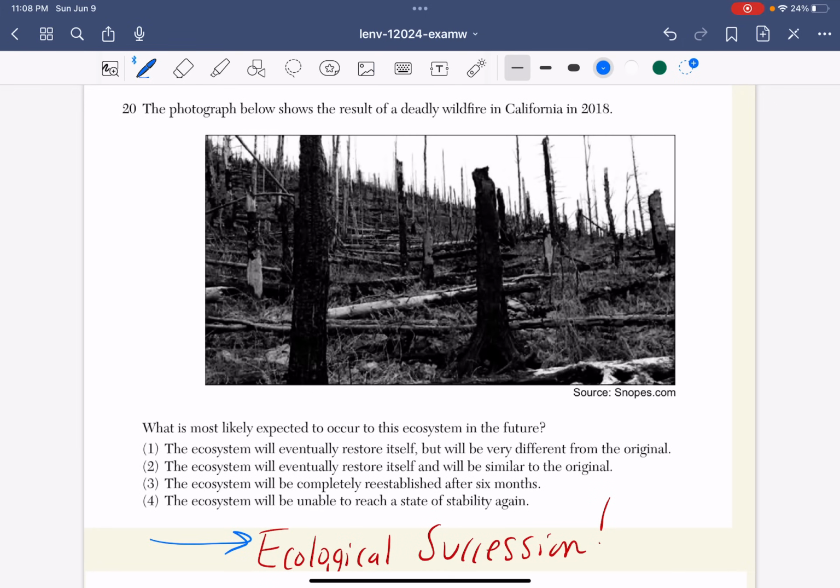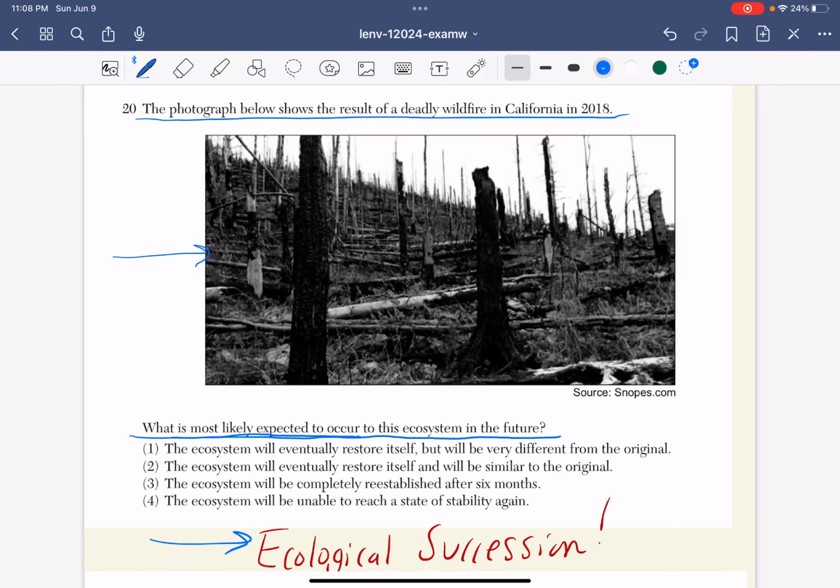Again, from all of these videos, write down these vocabulary words because they're key items to help you understand and answer these questions. Okay, let's get started. The photograph below shows the results of a deadly wildfire in California in 2018. What is most likely expected to occur to this ecosystem in the future?